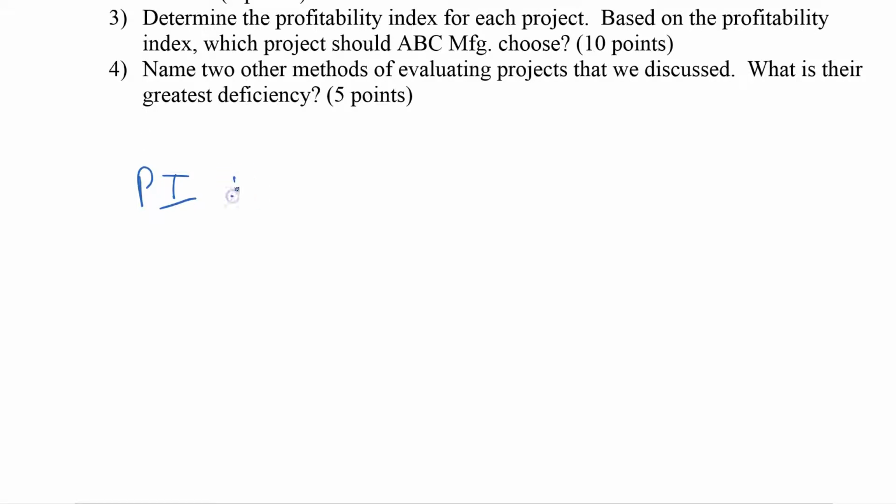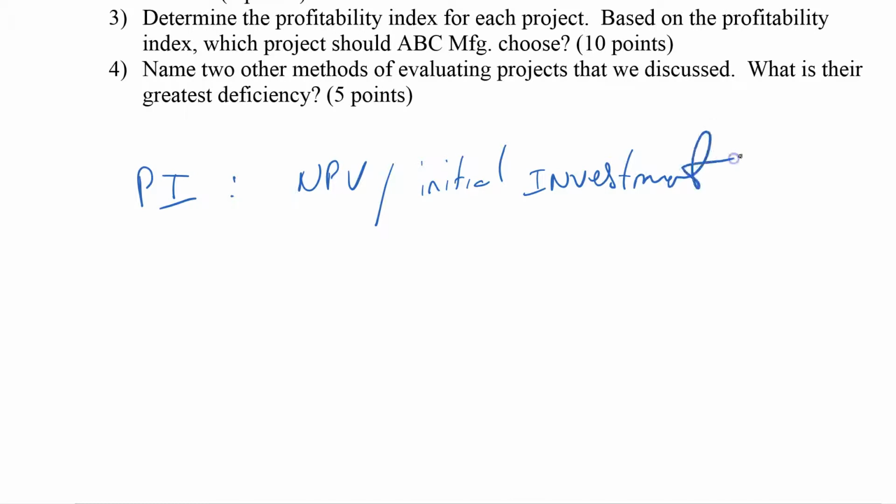So the way we do the profitability index is we take the net present value and we divide it by the initial investment. For project A, the net present value was $27,341.